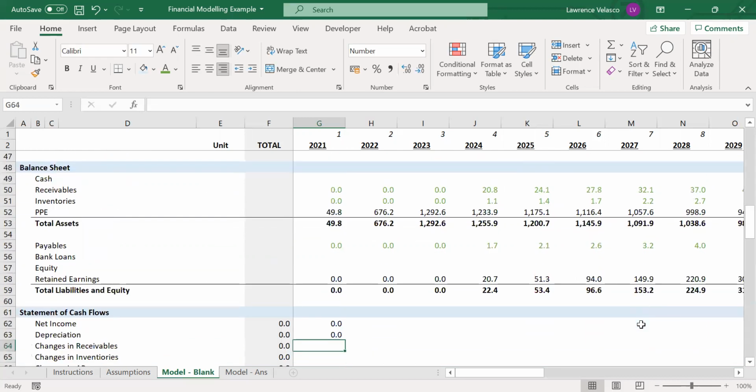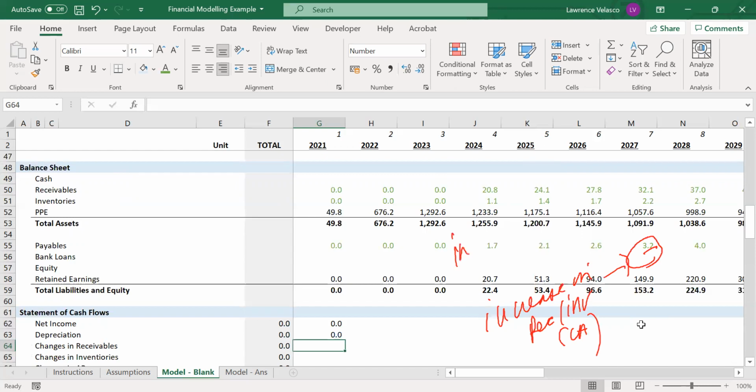Changes in receivables. Changes in receivables, if there is an increase in receivables or inventory, ang impact niyan sa cash flow is a reduction. An increase in a current asset, ang impact sa statement of cash flow calculation is a deduction to net income.